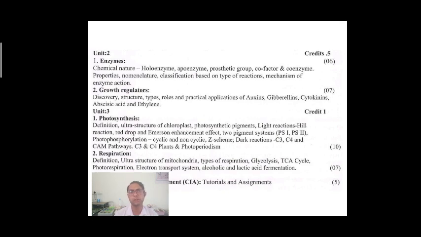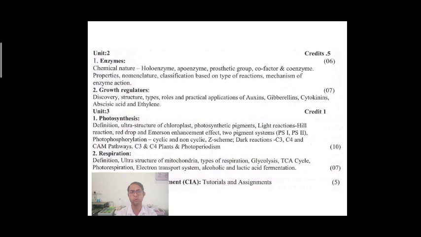Unit number 2 includes enzymes. It covers enzymes, the chemical nature of enzymes, and the different terminologies related to enzymes, which we are going to discuss in unit number 2 under the topic enzyme. Then the second part of unit number 2 is growth regulators.